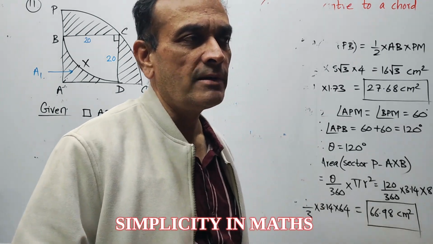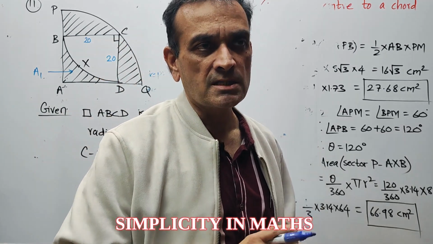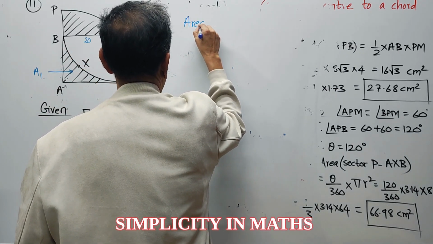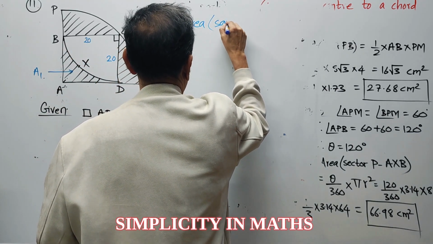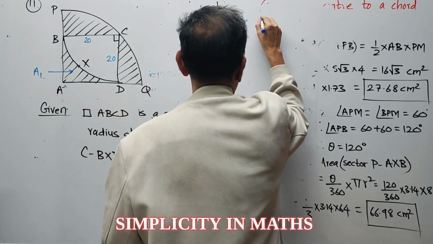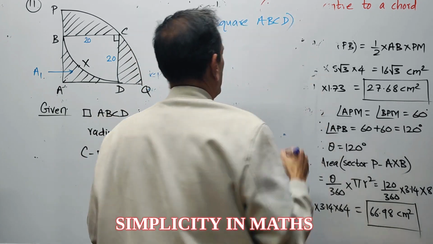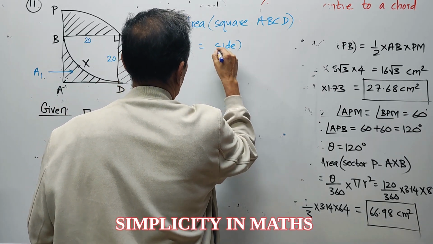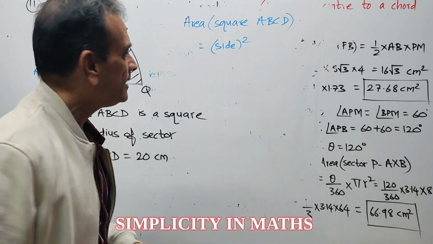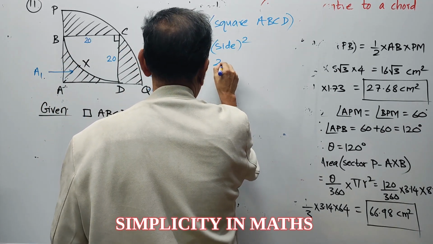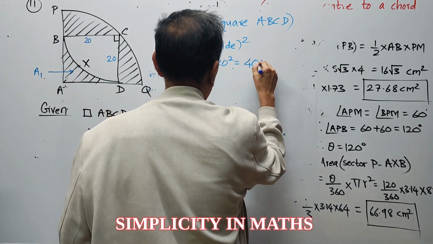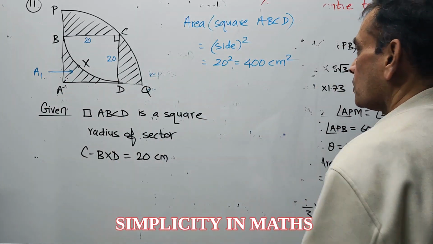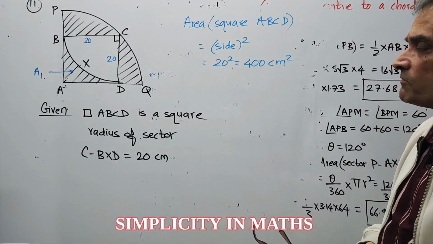You just have to fill in the blanks, but we will discuss the reasons. Directly I am writing area of square ABCD equal to side squared, that is 20 squared, that is 400 centimeter squared. Okay, we got the area of square.